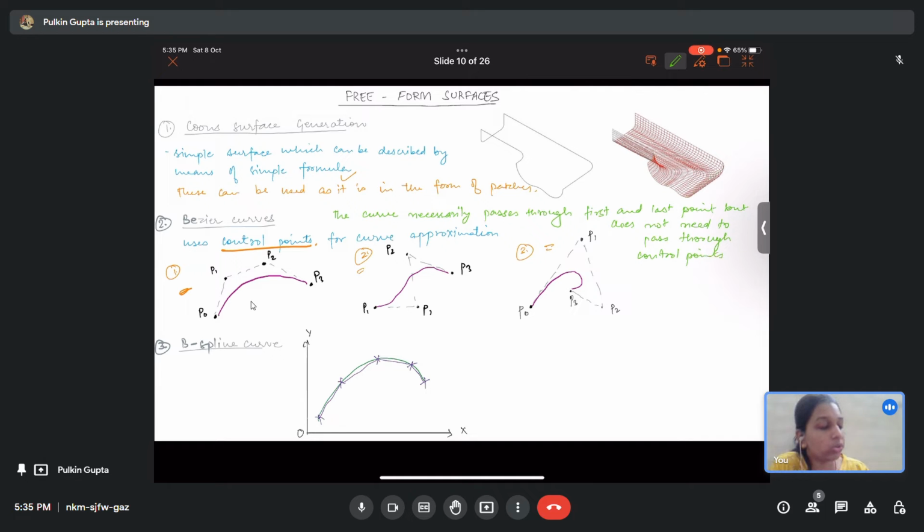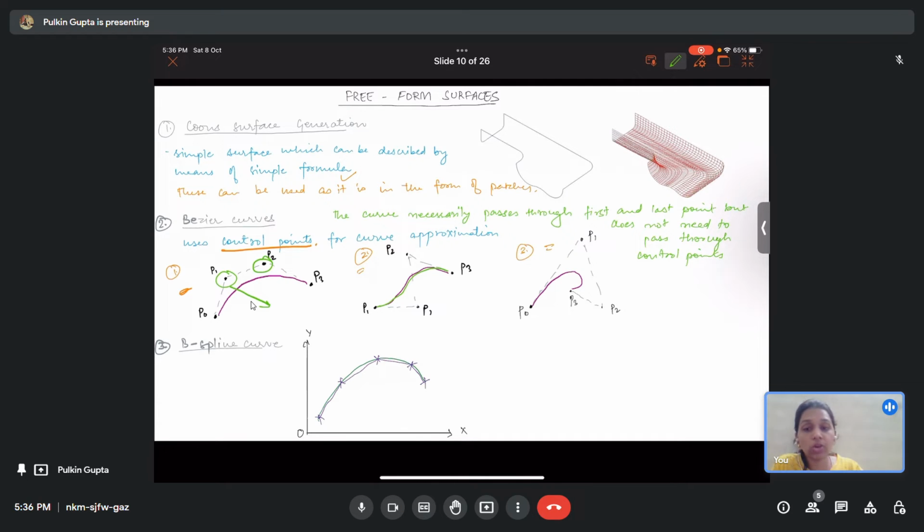Now in cone surface, we had to use the surface as it is and we could not change it. But then Bezier curves came wherein by changing the positions of these control points, we can change the curve. So now when you pull this P1 to this position, you have a change in the shape of the curve like this.